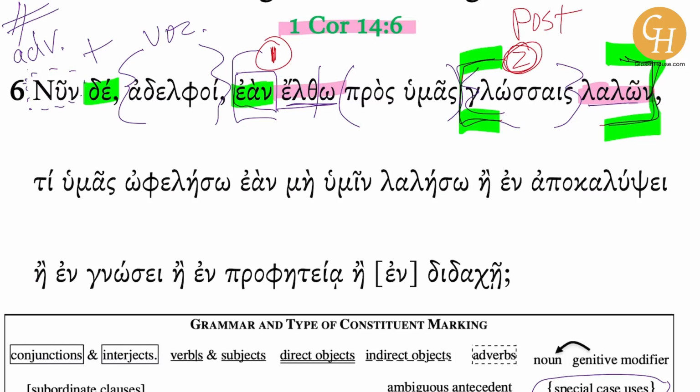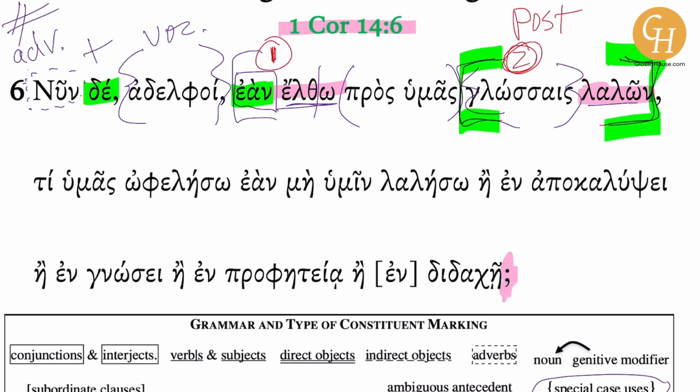So if I come to you in the manner of speaking in tongues, ti humas opheleso ean me humin laleso en apokalupsei en gnosei en prophetia en didache. So that is a question. Paul is asking a question.